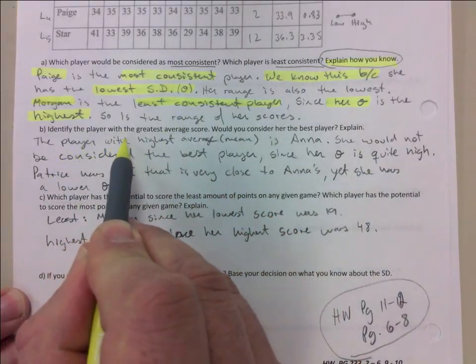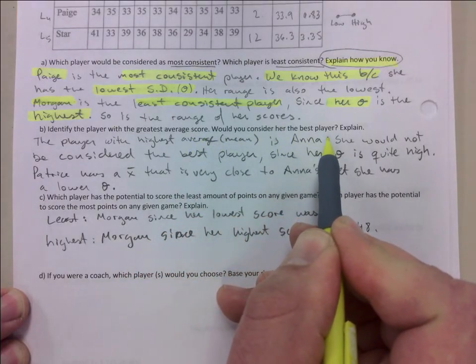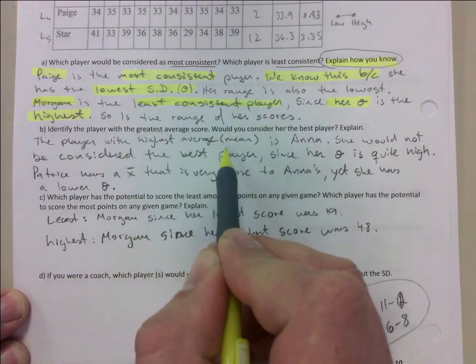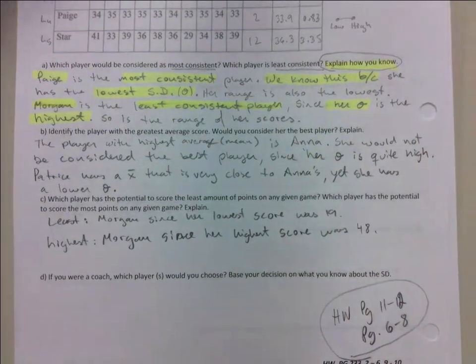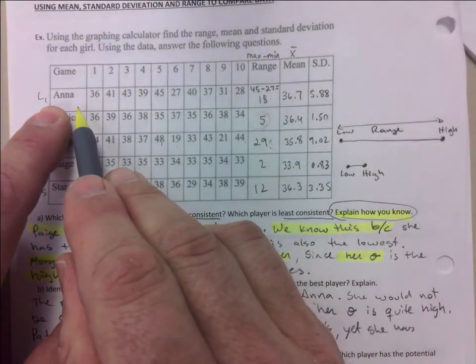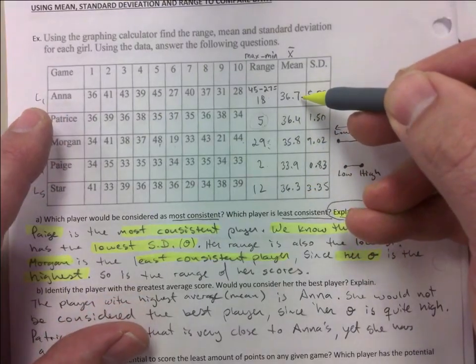B, identify the player with the greatest average, which you consider to be the best player. Okay? So the highest average, the highest mean, is Anna. Let's look at her results. We've got to dig deeper, right? So Anna has the highest average of all of them.